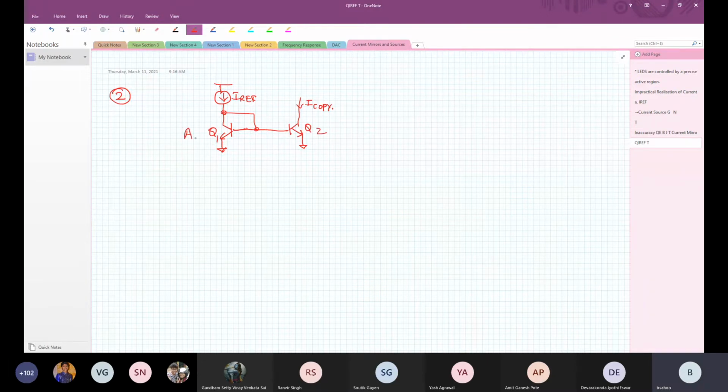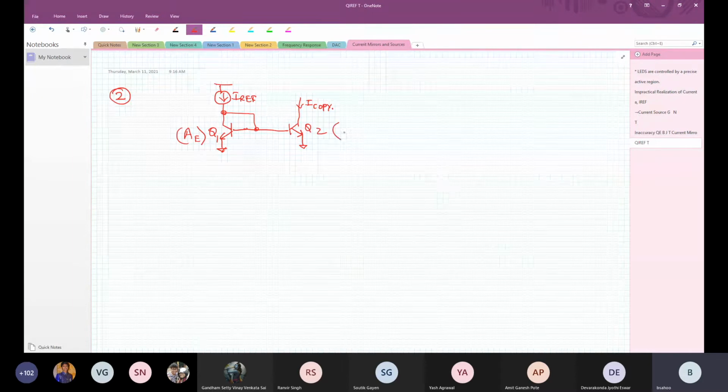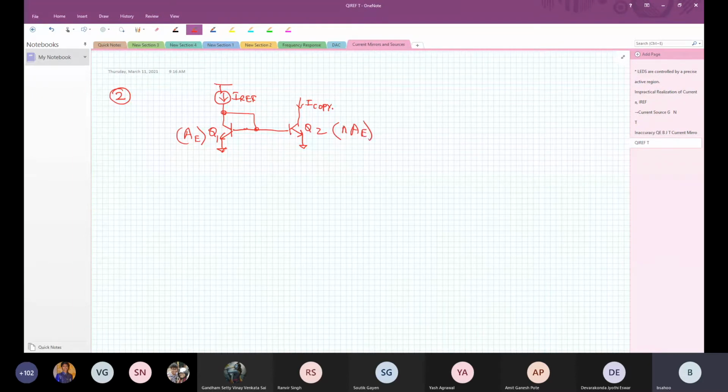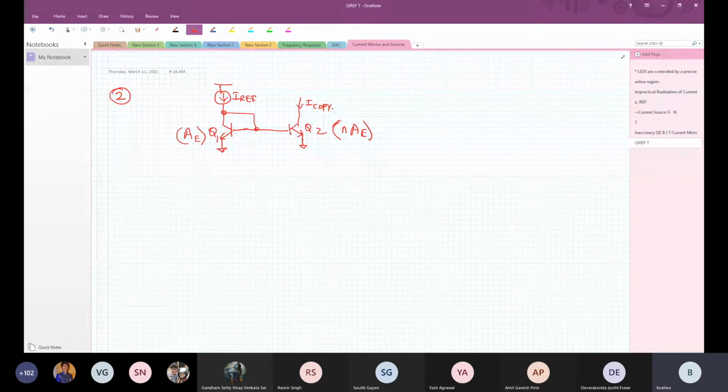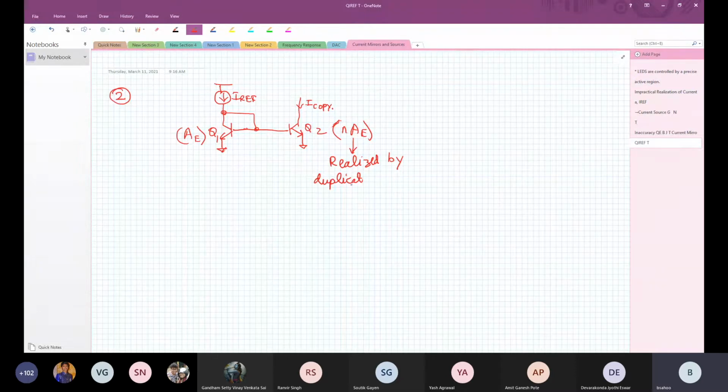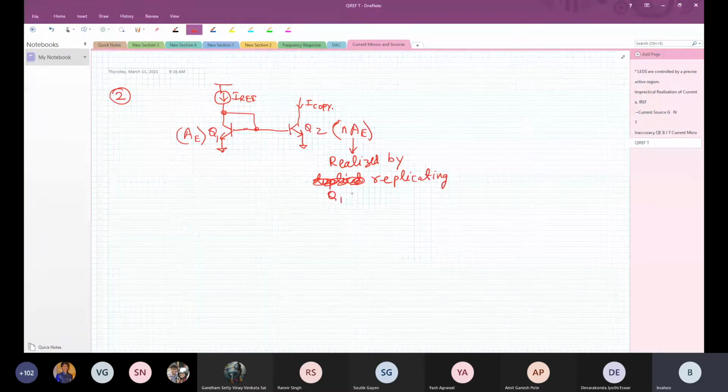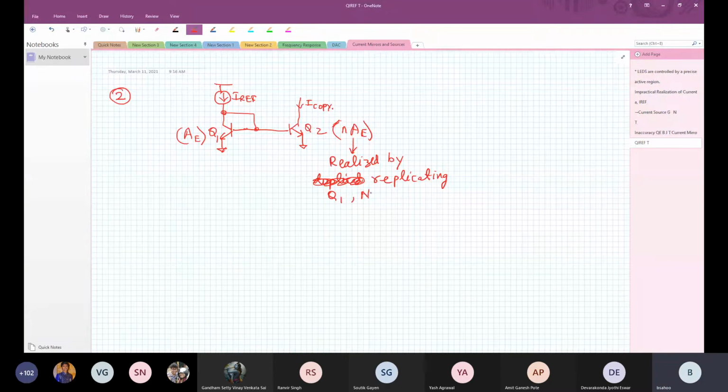The area of this is the emitter area, which will be N times AE. Whenever I write N times AE, that means I'm using N copies of Q1 to realize Q2, realized by replicating Q1 N times. That is how it is.